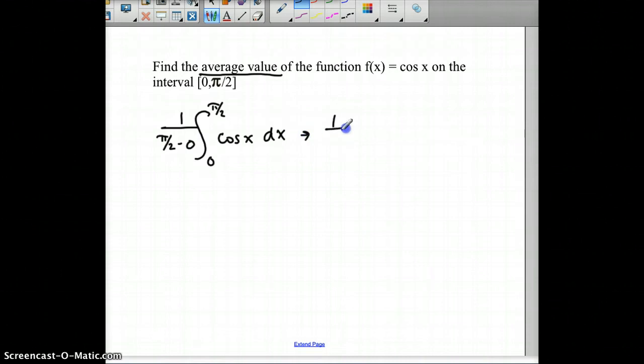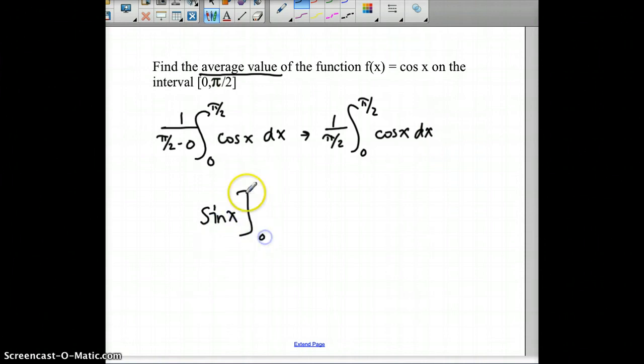So I'm going to multiply my integral times 1 over pi over 2. And the integral of cosine is sine. So I'm going to evaluate that from 0 to pi over 2. And then remember to multiply that by 1 over pi over 2, which is 2 over pi, because you multiply by the reciprocal. Dividing by a fraction is the same as multiplying by a reciprocal.